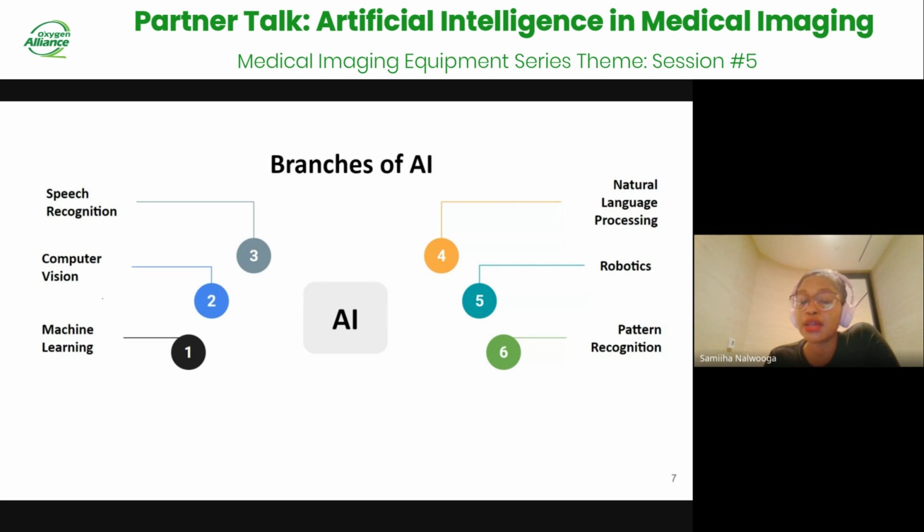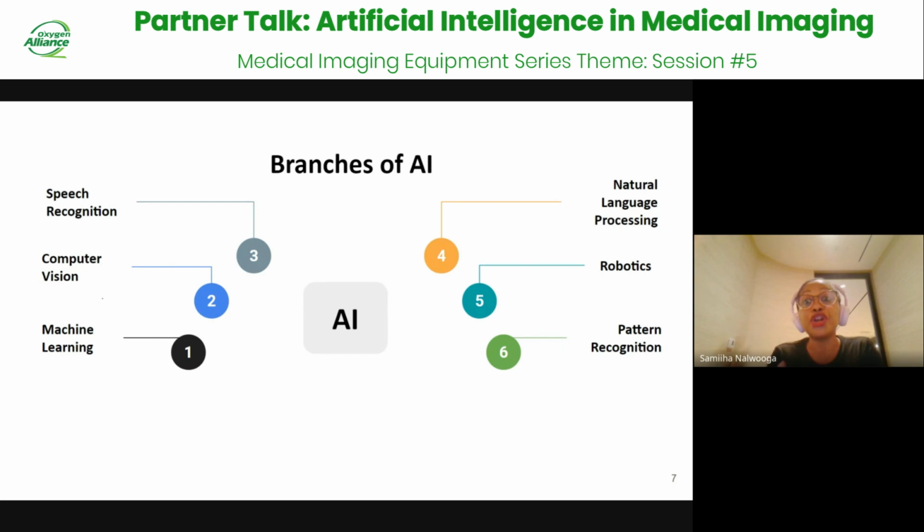With that, we go to computer vision. What is computer vision? Just like its name, computer vision is AI that sees, the ability of a computer to actually see. Then we also have a branch called speech recognition. That is AI that is able to understand and relate with human speech.